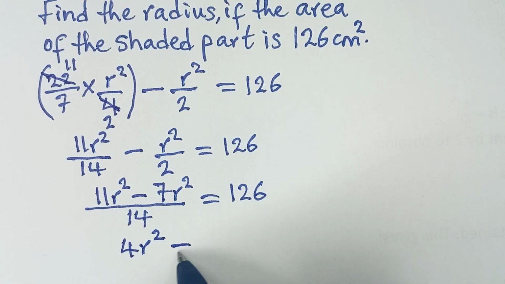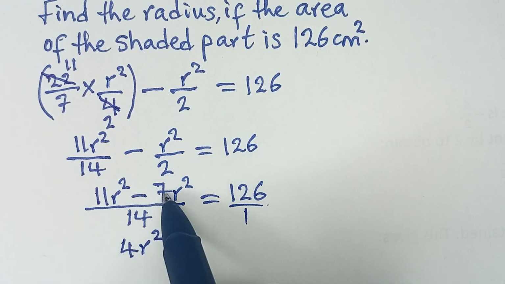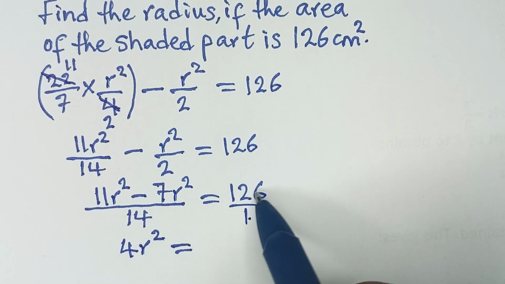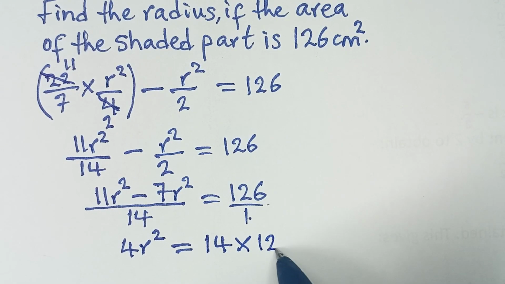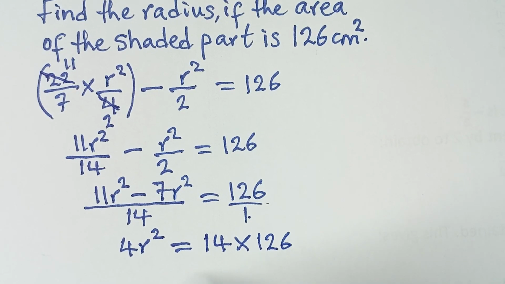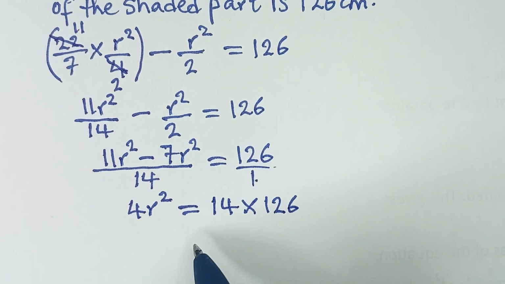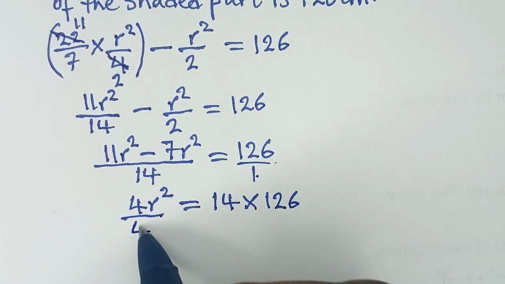And then I'm cross multiplying. So the 4 r square, this is like 126 over 1. The 4 r square multiplied by 1 gives me 4 r square, and then I have 14 multiplied by 126. That is by cross multiplication. Now to get the value of my r square, what I'm going to do next is to divide both sides by 4.